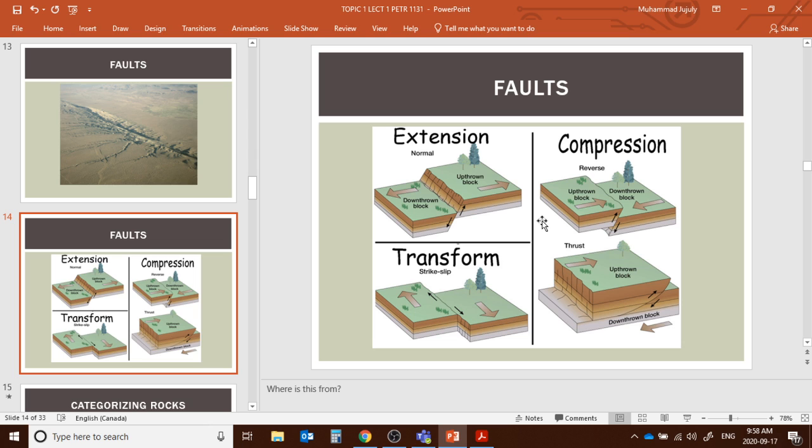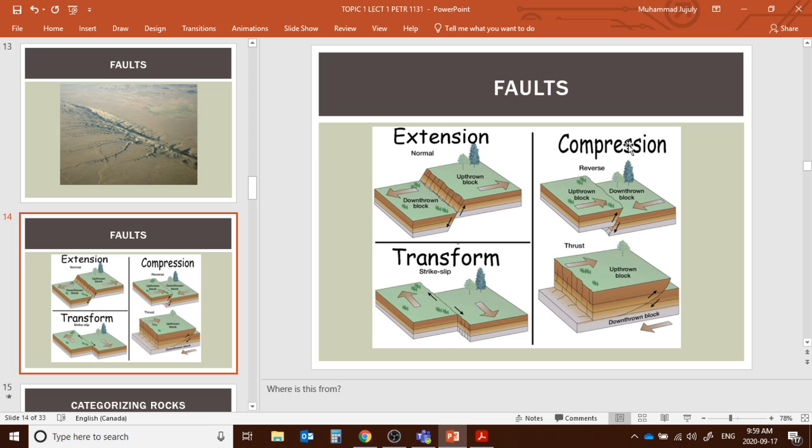There are mainly three different types of fault: extension, compression, and transformation. What is extension? If the land has slid in two different ways, one went up and another down, the fault created is what we call extension. It could also happen in reverse, where the forces come in from the same direction.